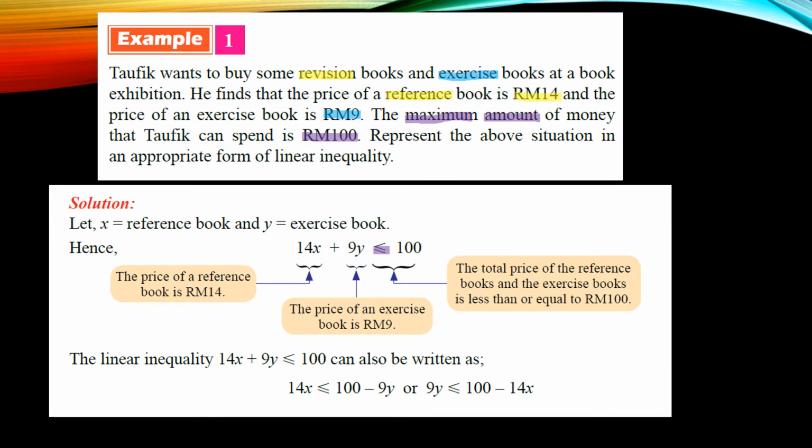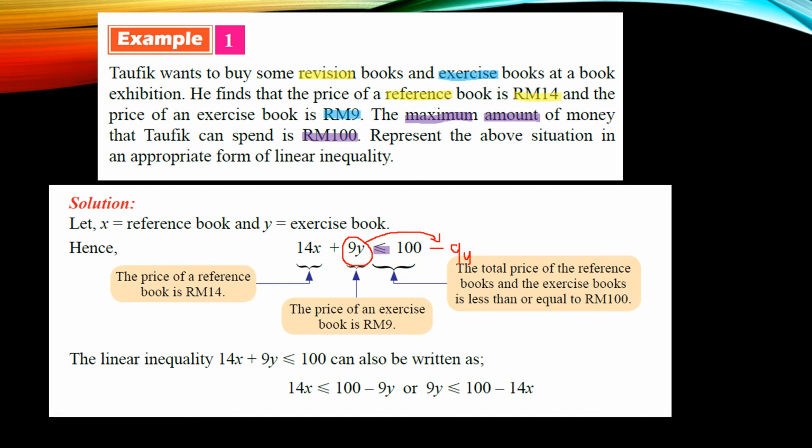That means when you take 9y and bring it to the other side, this is plus 9y, it becomes minus 9y. That is for the first part.